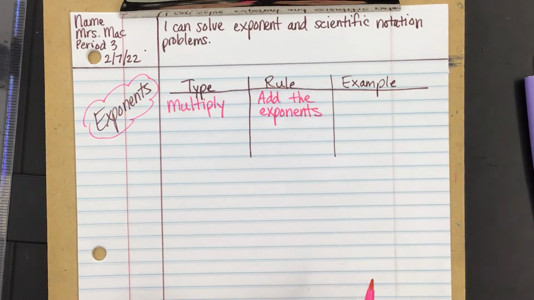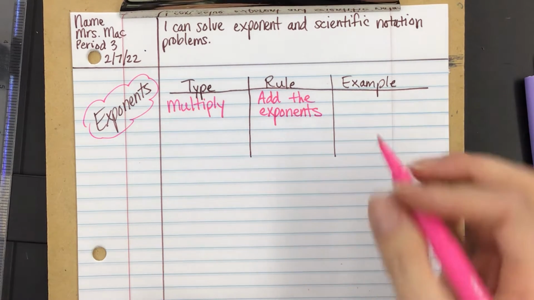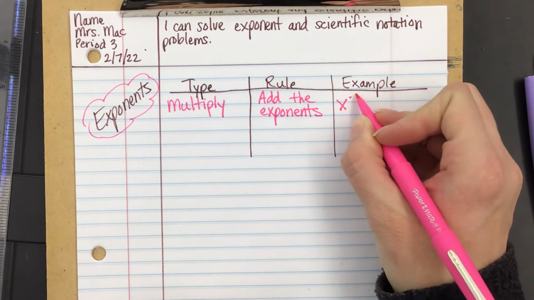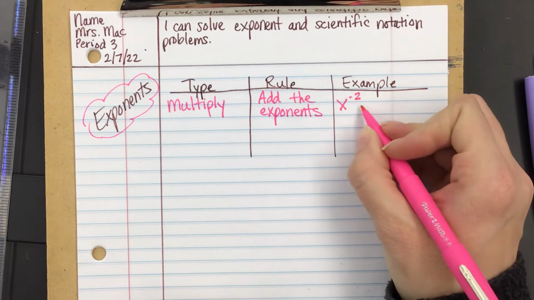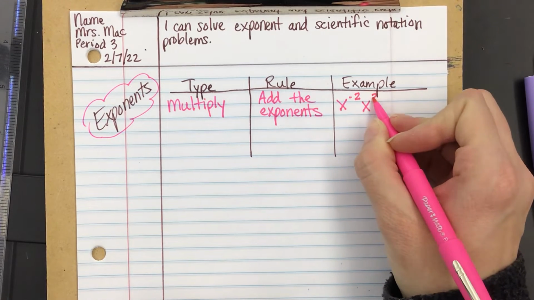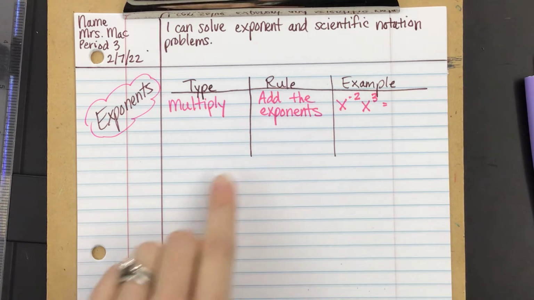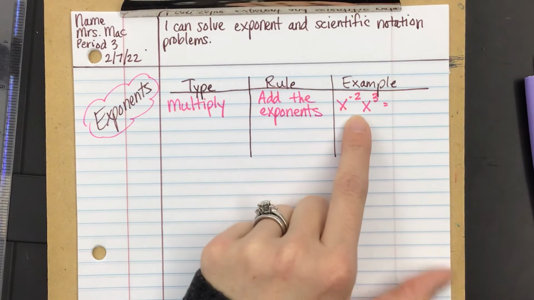What this looks like is if you have x to the negative 2 times x to the negative 3. The bases are the same, and these are being multiplied together. So the rule for this is that we can add the exponents.